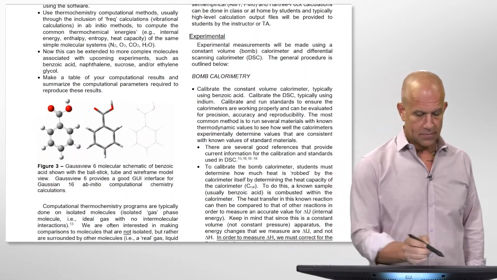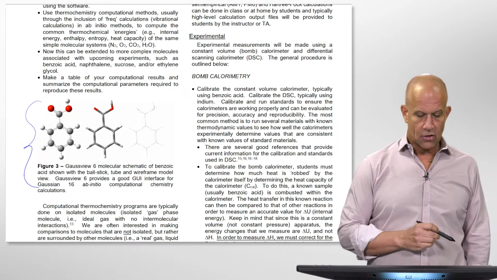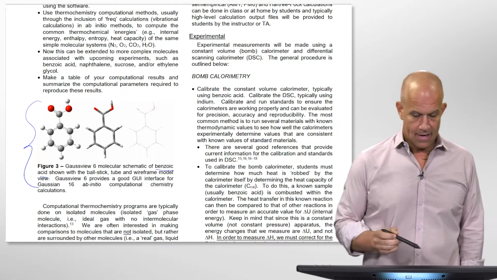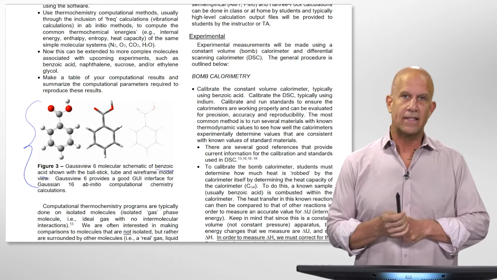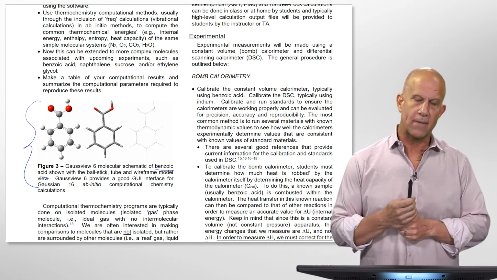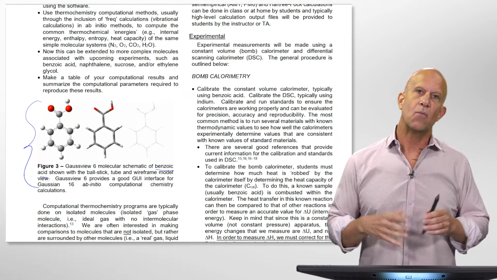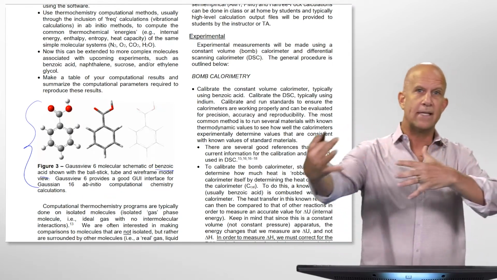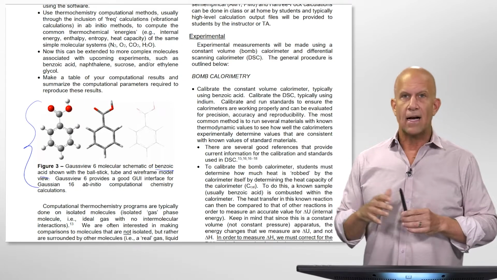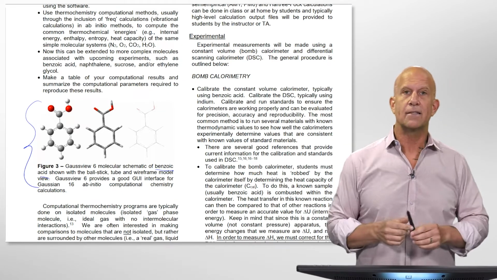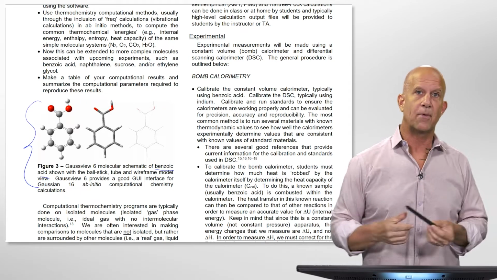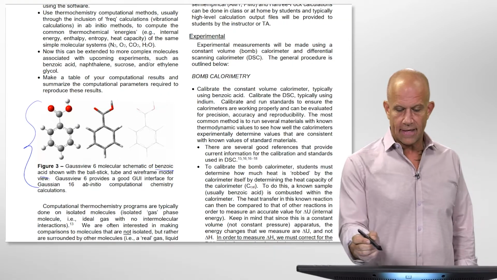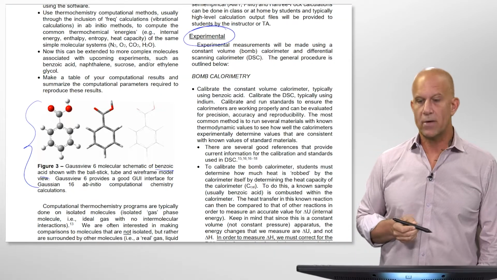And so I specifically in figure 3 show an example of looking at, in this case, benzoic acid and the GUI interface that's available to doing some of these computational experiments, where you can really get an idea for the thermochemistry, the enthalpies, the energies associated with some of the processes we're looking at, for example, the heat of formation, purely computational, before we then move on to the remote experimental.